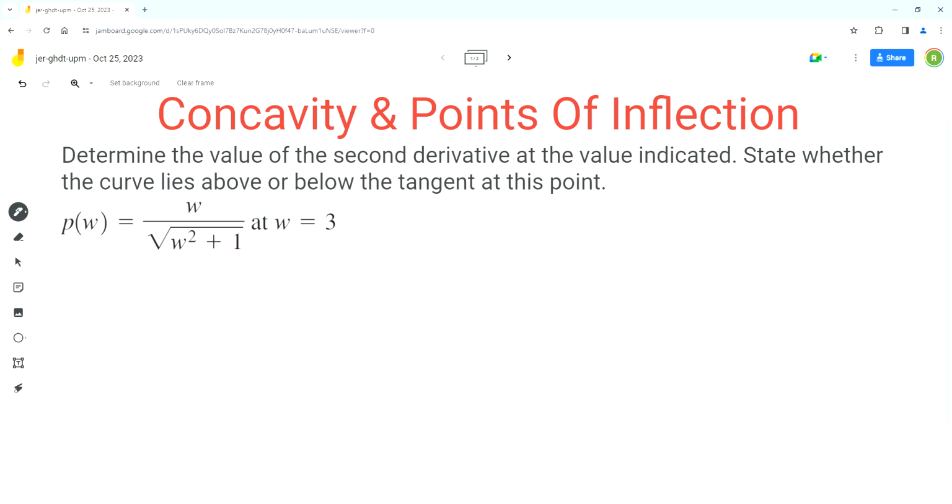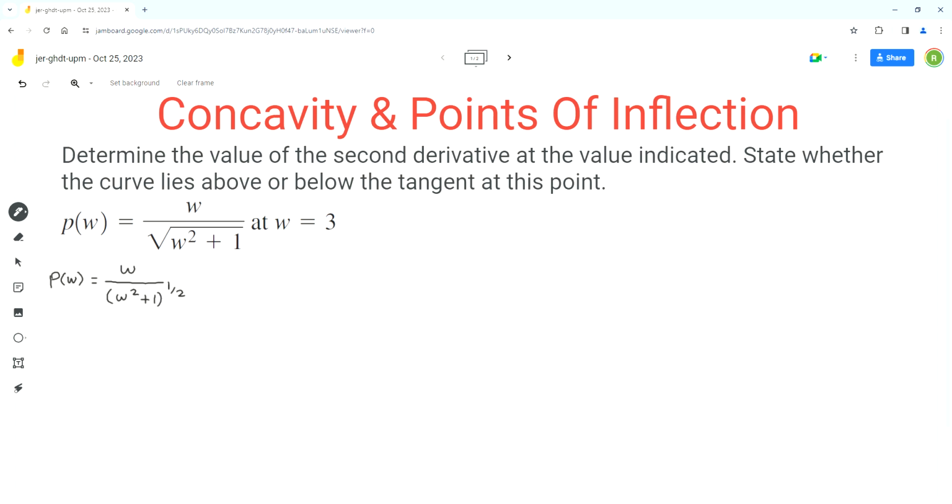So our first step is p at w equals. So the radical which represents square root can be changed to rational exponent 1 over 2.